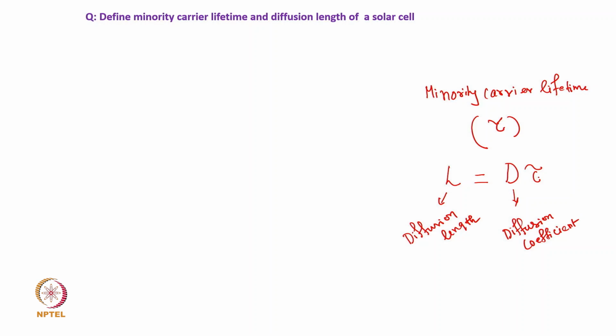And this is anyway the minority carrier lifetime. So, for a proper design of a solar cell, these two quantities, the minority carrier lifetime and the diffusion length, are extremely important.